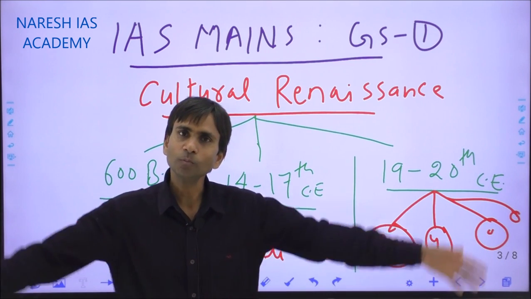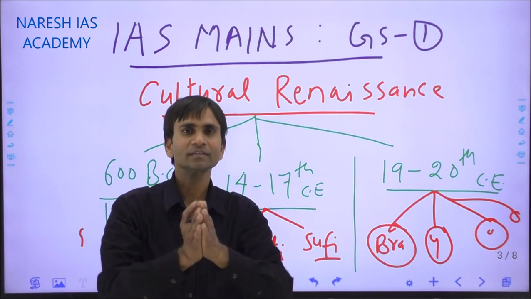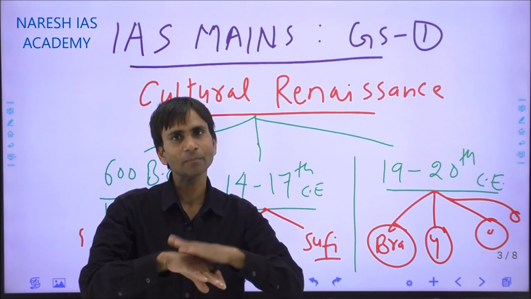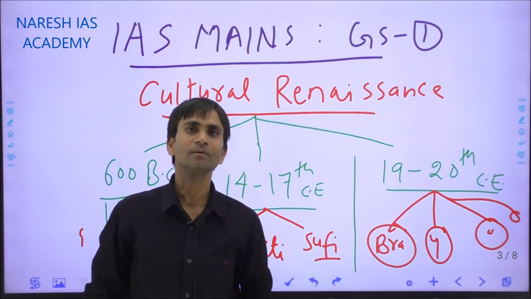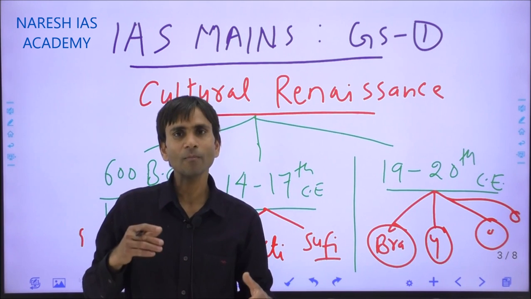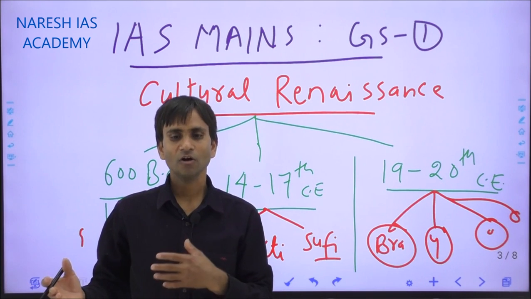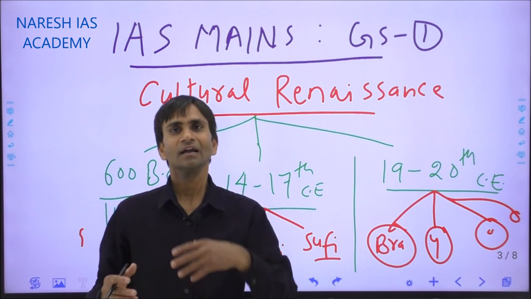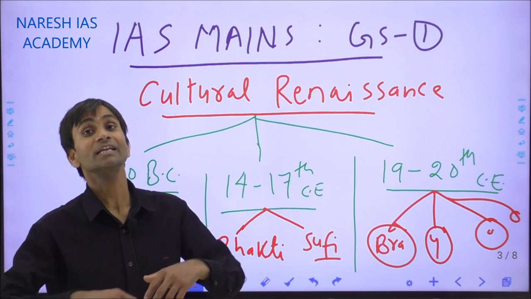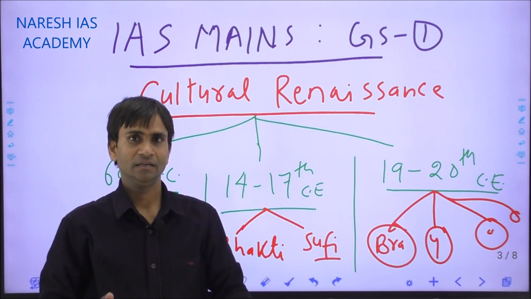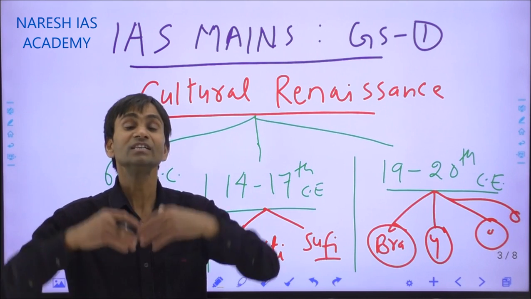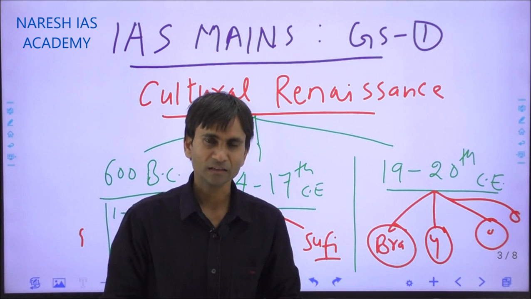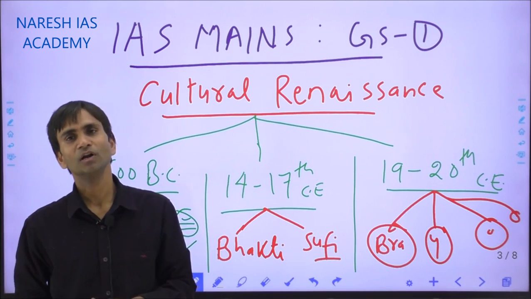They tried to bring people together on a single platform to discuss their problems without the help of any Maulvis, Brahmins or religious leaders, because they were creating differentiation among the people, and this was criticized by Ram Mohan Roy.